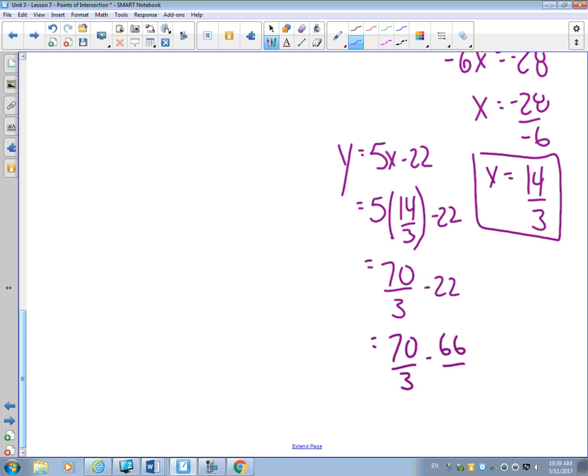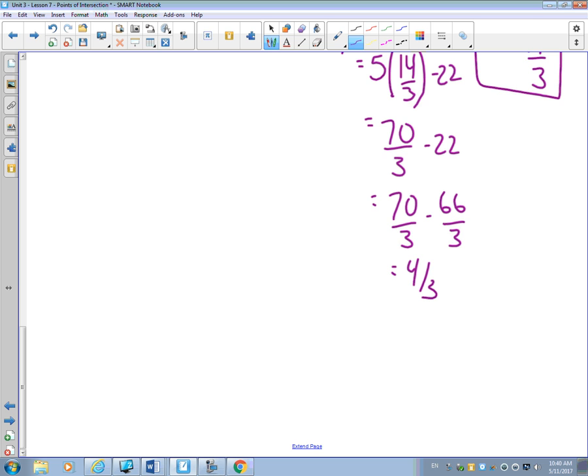This is like 66 over 3, which is 4/3. Okay, so for part A, and we've only done part A so far, our centroid, our center of mass, is located at an x value of 14 over 3 and a y value of 4 over 3. Whew, that was painful. That was lots of parts and pieces.